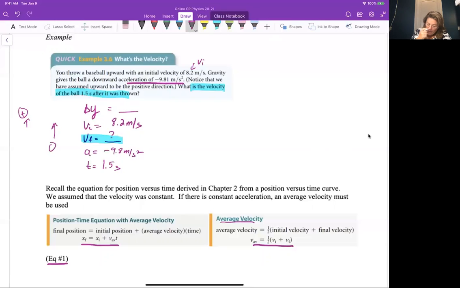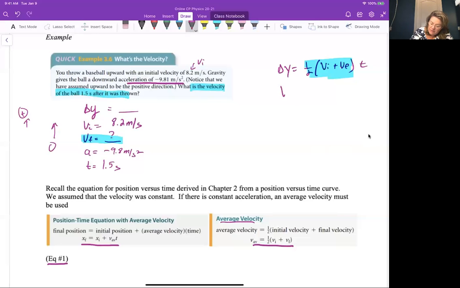Now let's list all of the equations. Delta y is equal to 1/2 times the initial velocity plus the final velocity, times time. That's just the average velocity times time. This is the definition of the average of two numbers: add them together, divide by 2.